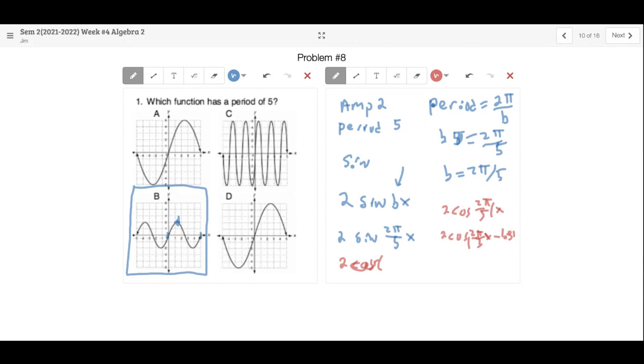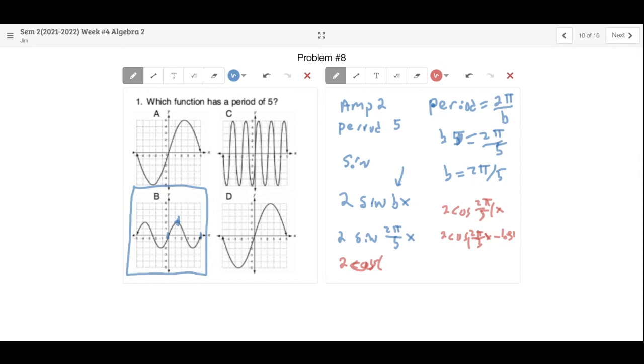Because you're just shifting it then. You're just shifting a sine graph to be a cosine graph. Once you understand that, then all of this stuff just comes together. It's like, oh, a sine and cosine graph is just shifted over how many units. And in this problem, it looks like 1.5, right? Close to that, but you really couldn't actually write the graph for it, but that's what it means.